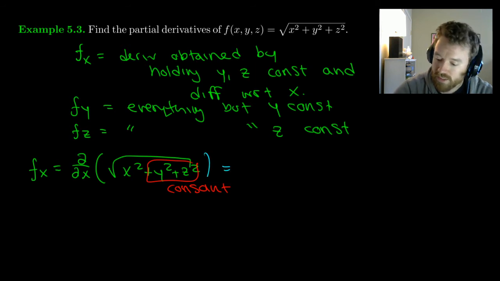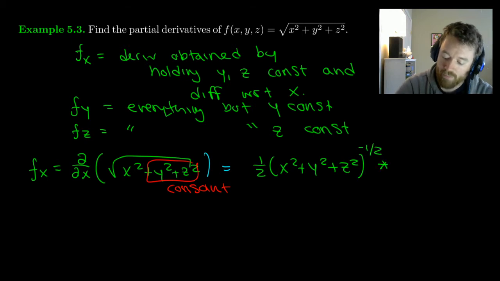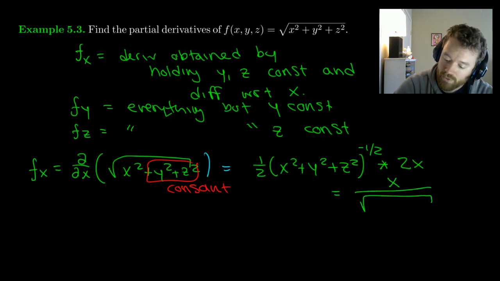And so this is equal to 1/2 times x squared plus y squared plus z squared to the negative 1/2 by the power rule, times the derivative of the inside. Remember, y and z are constant, and so the derivative of the inside is just 2x. So after some simplification, you should find the 2 and 1/2 cancel. I get x over the square root of x squared plus y squared plus z squared.